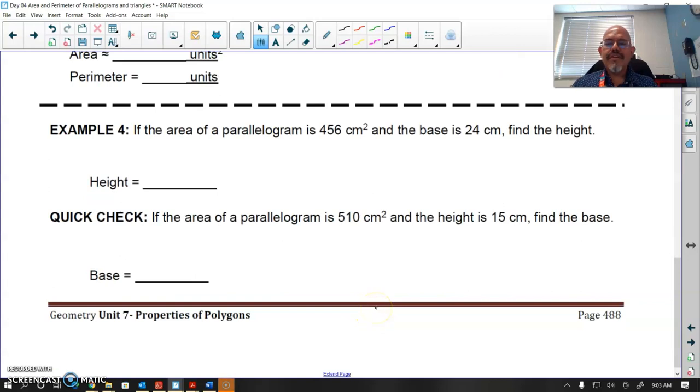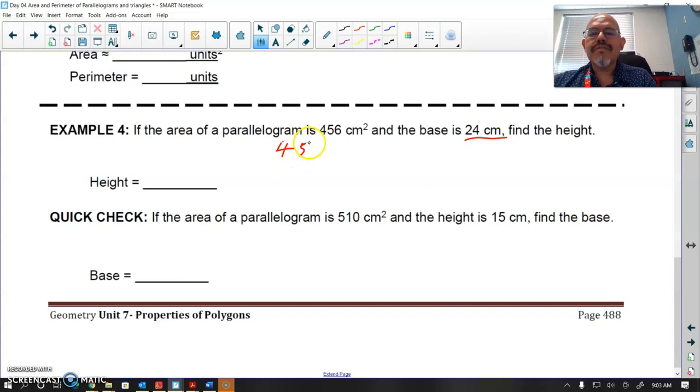Well, they give us the area of a parallelogram, which is 456, and the base is 24 centimeters. Find the height. Okay, well, we have that formula. Area is equal to the base times the height. They give us the base, and they give us the area.